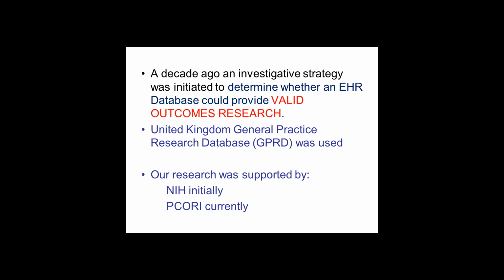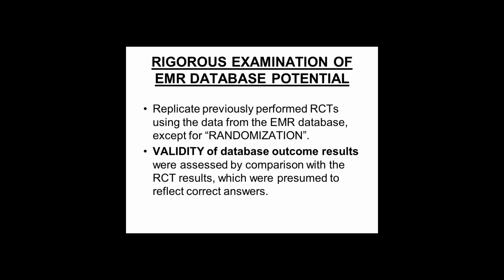Our research was initially supported by a grant from the National Institutes of Health, and currently is being supported by a grant from PCORI. And what did we do? We did something that's a little complicated to do, but very simple. We said, how can we test this?